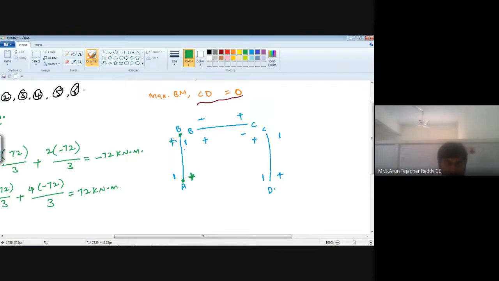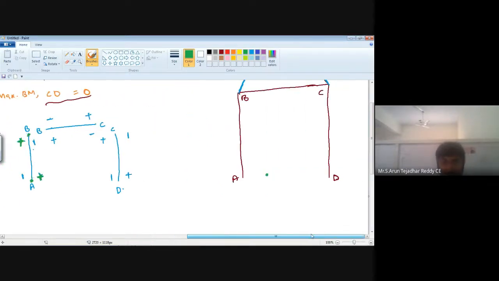Positive means this side. This is positive 72. It means somewhere here. Now join this point.